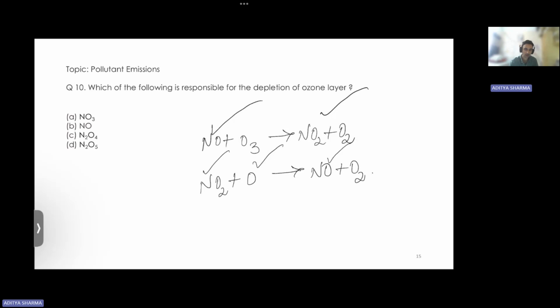This continues, which leads to depletion of ozone. So if you see the options, option B is the correct one.